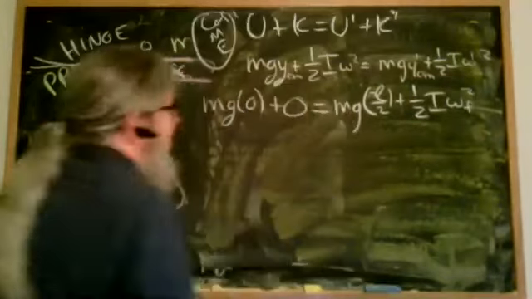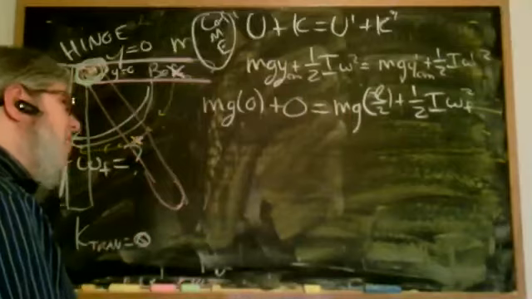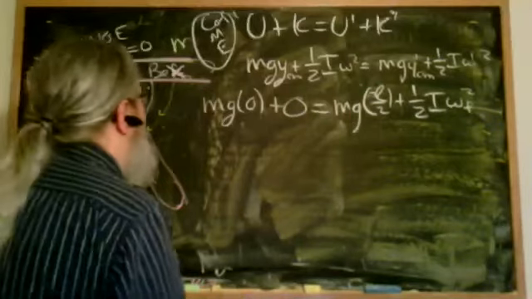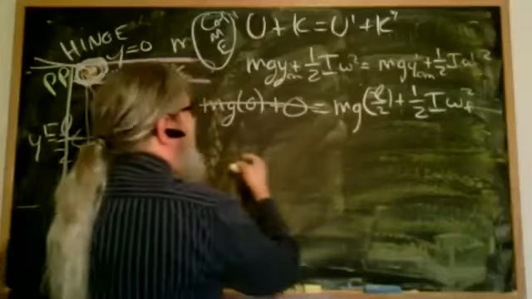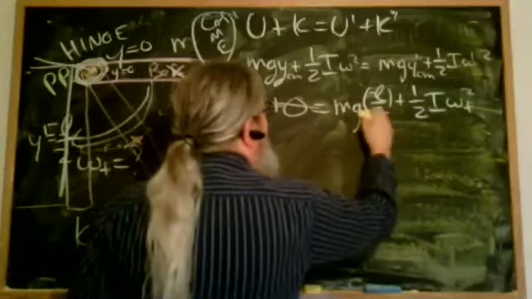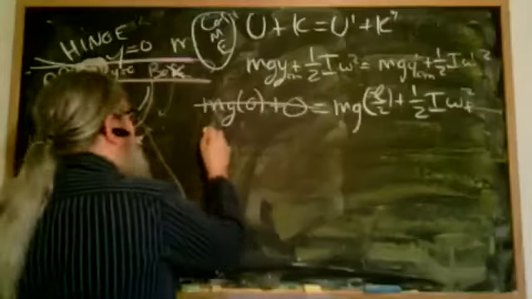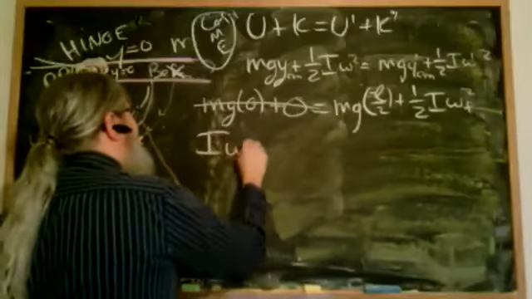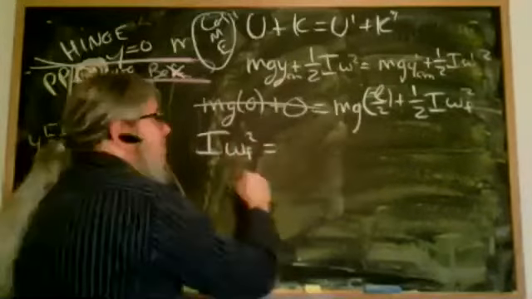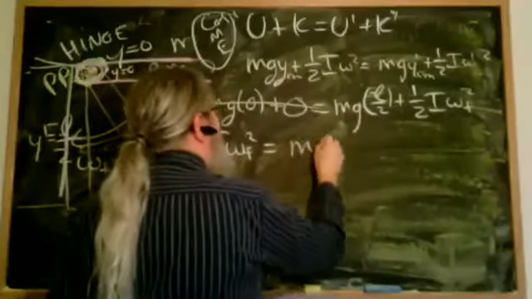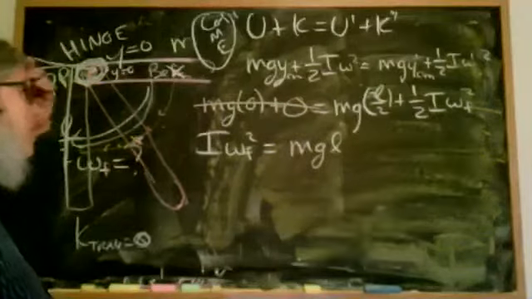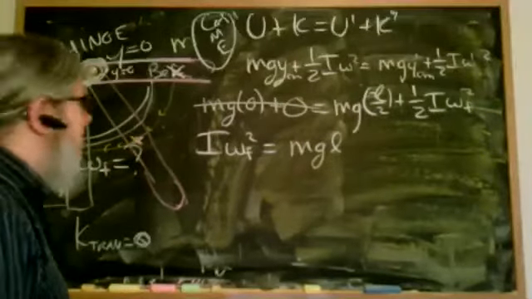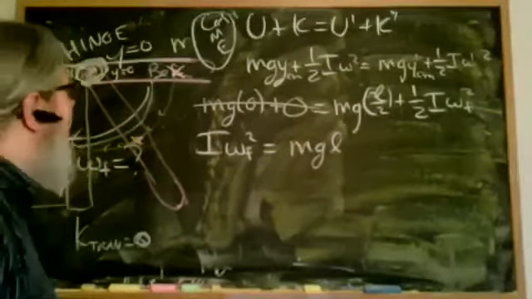So everything's done except I have to plug in I and solve for omega f. Happily this side is just 0, and with a 2 here and a 2 here, I get I omega f squared equals mgL. That's nice, because I just multiplied both sides by 2 to get rid of the 1/2.